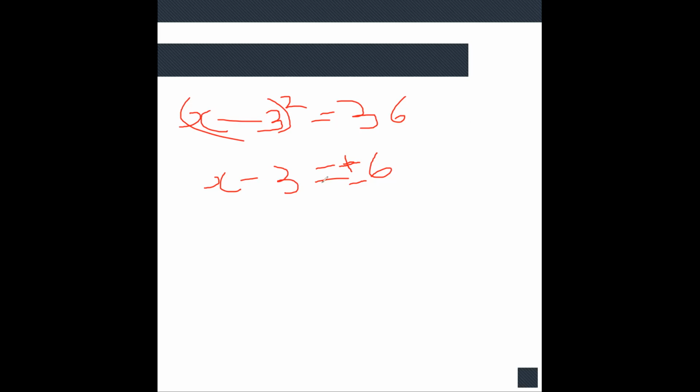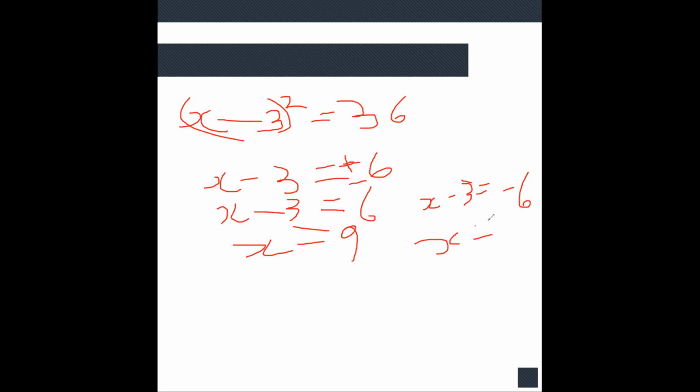So since x has to be negative, first let's figure out the values that work. If x minus 3 is equal to positive 6, then x is equal to 9. If x minus 3 equals negative 6, x is equal to negative 3.